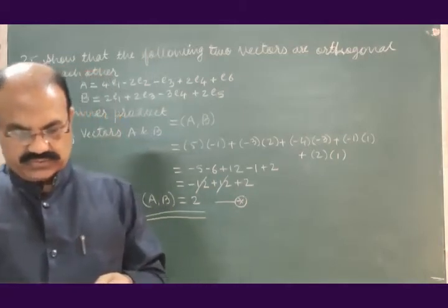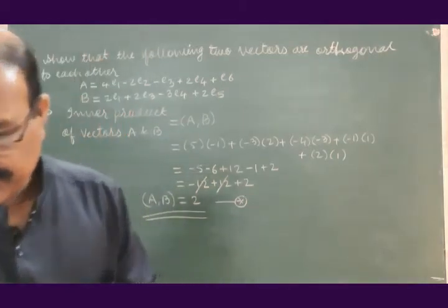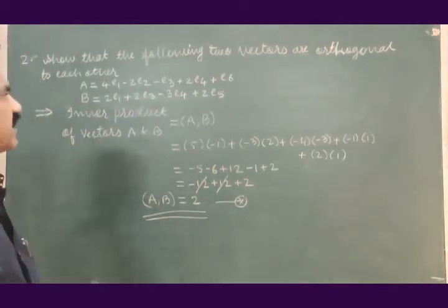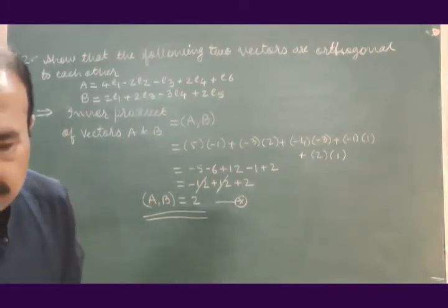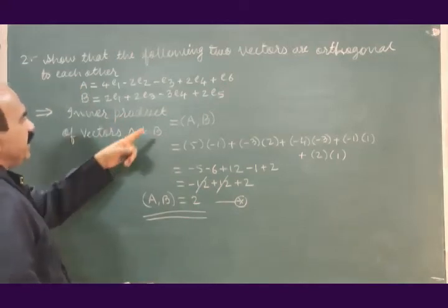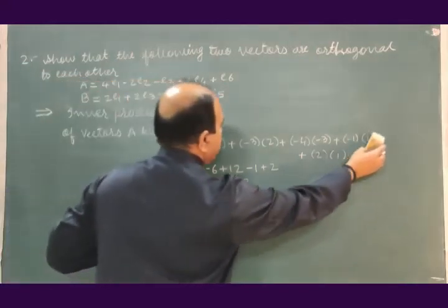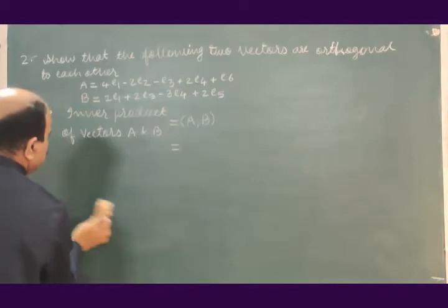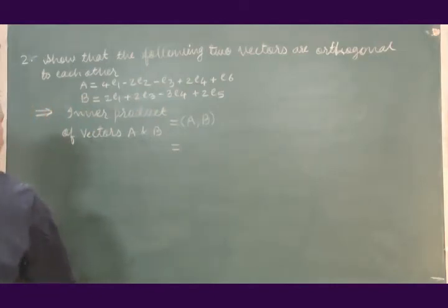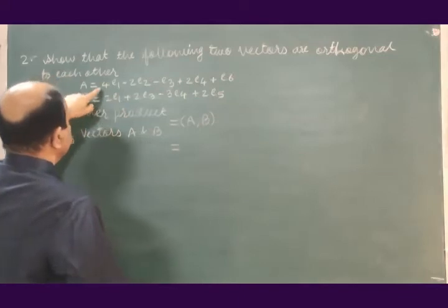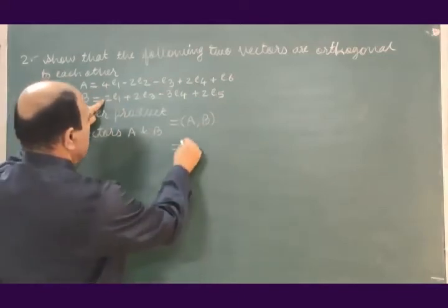So let us try to find and show that these two vectors are orthogonal. Inner product of vectors A and B is given this way. Now E1, this is A1, B1.